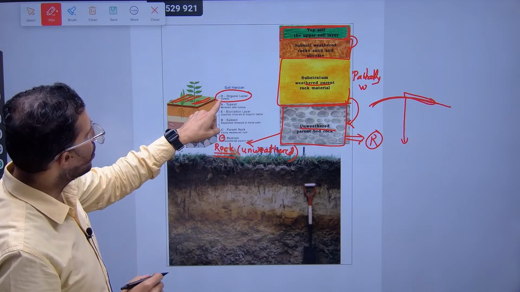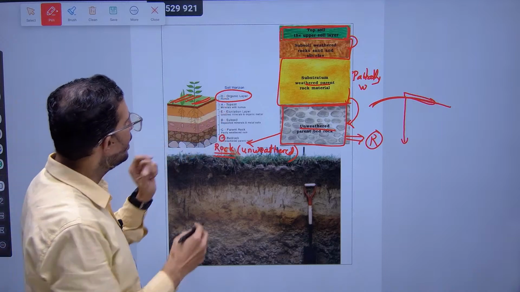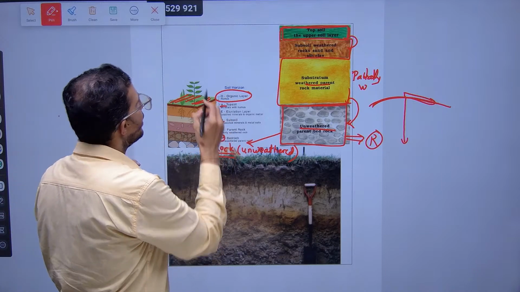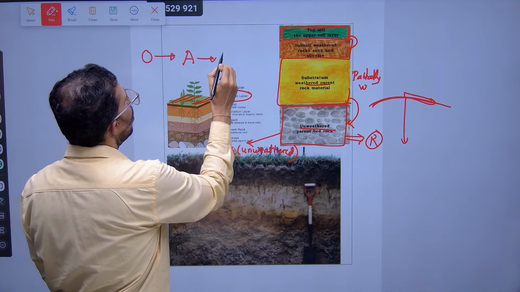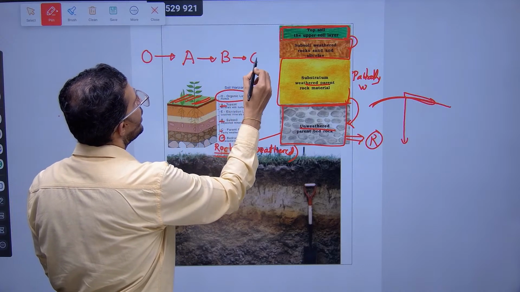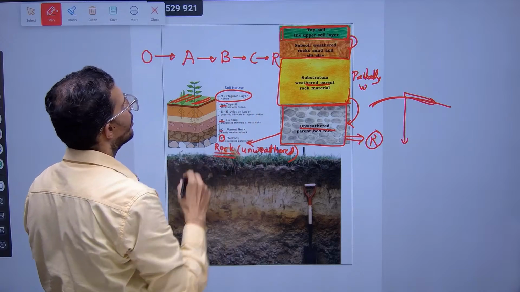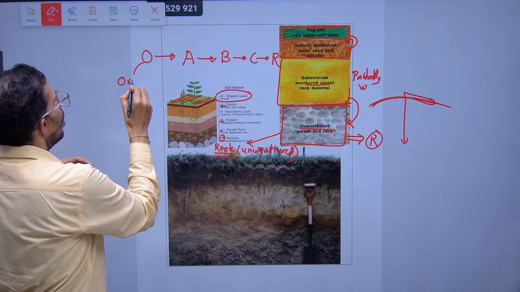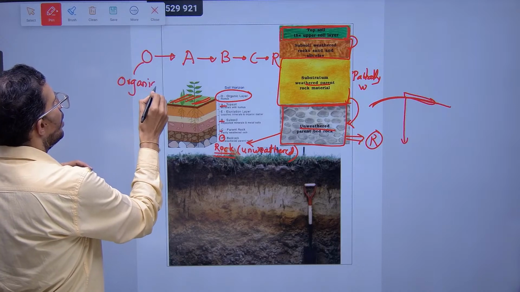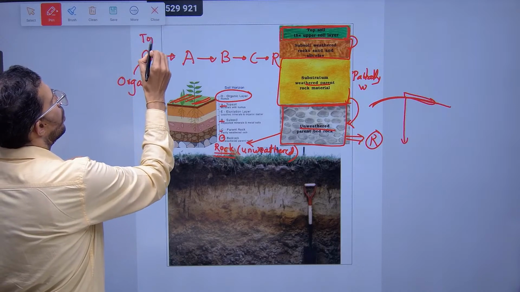It starts from the O organic layer, then A, B, C. So what is the correct sequence? O, A, B, C and R. O means organic, top to bottom.